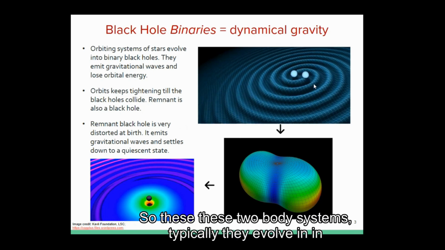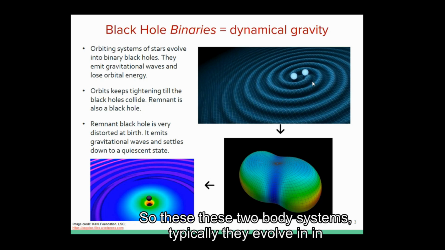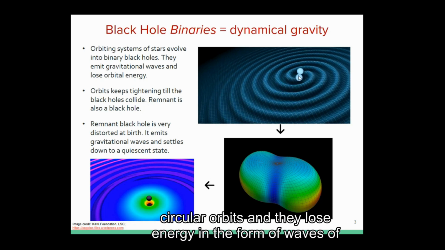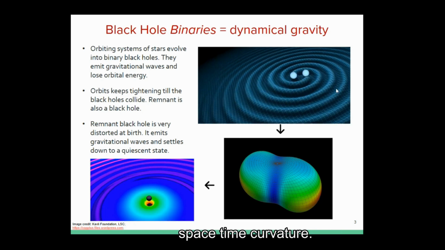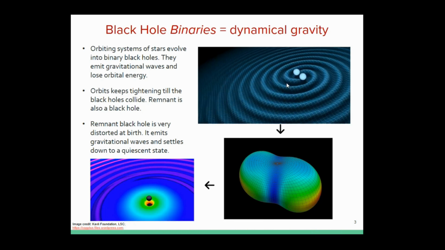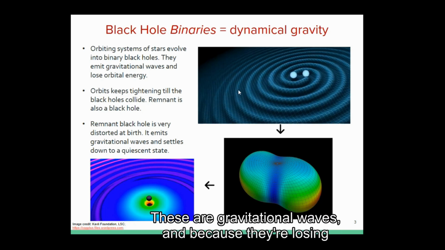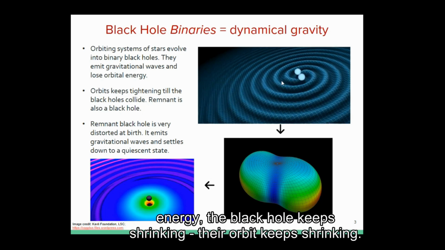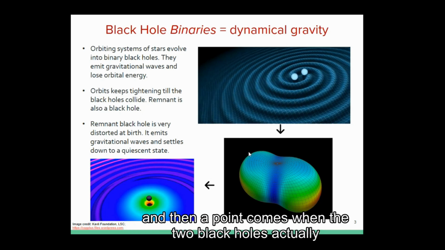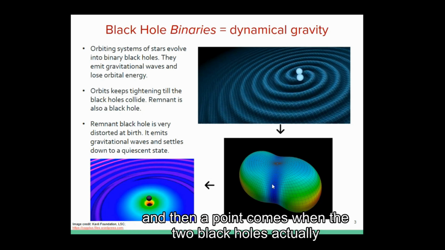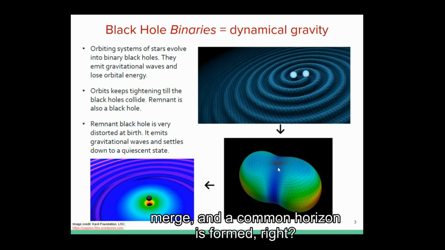These binary systems typically evolve in circular orbits, and they lose energy in the form of waves of spacetime curvature. These are outward propagating waves. These are gravitational waves, and because they're losing energy, the black holes keep shrinking their orbit until the point comes when the two black holes actually merge and a common horizon is formed.